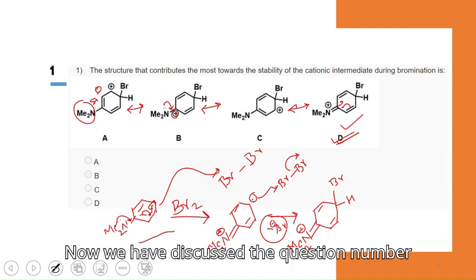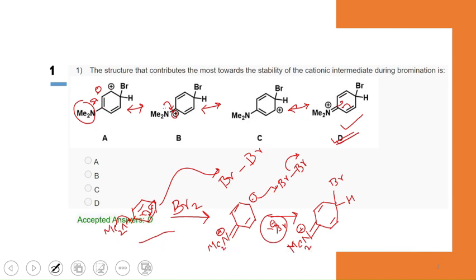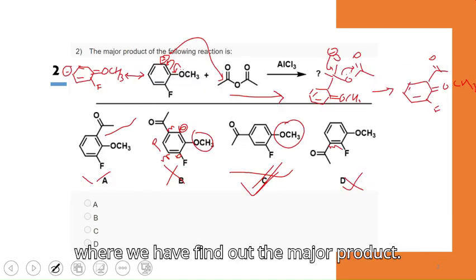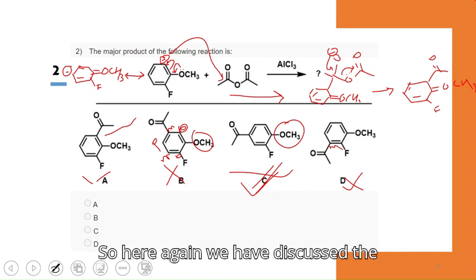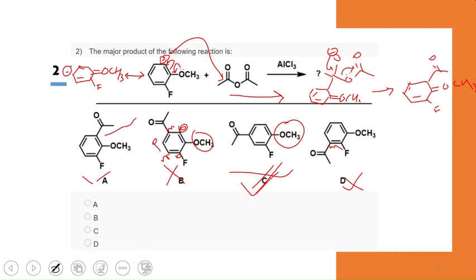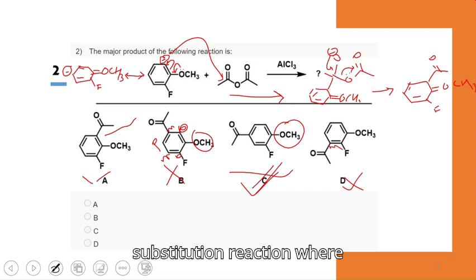Now we have discussed question number 2, where we find the major product. Here again we discussed the substitution reaction.